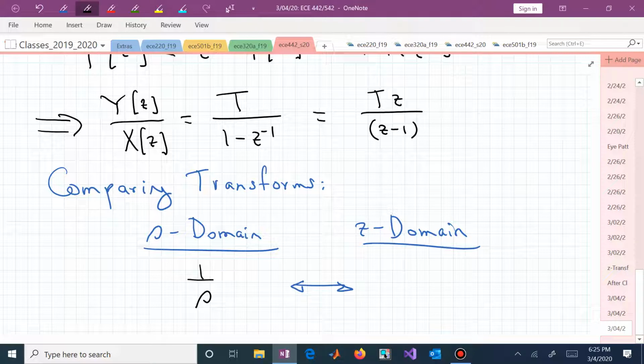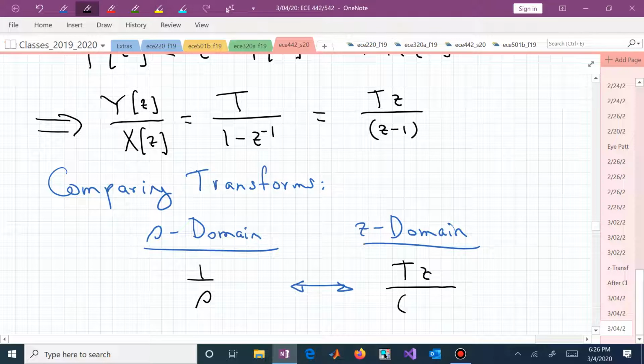Integration in the frequency domain of a continuous time is 1 over s. In the z domain, what is that for this backward strategy? It's just what I have right there, which is Tz over z minus 1. Which is a little different, which is fine. It's a different approximation to that little sliver.